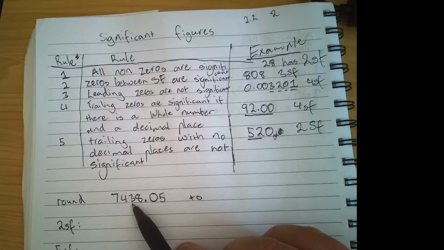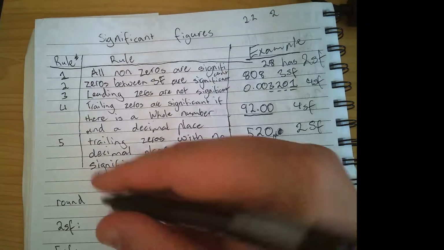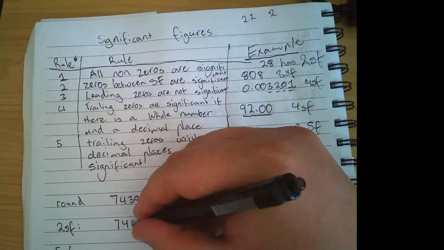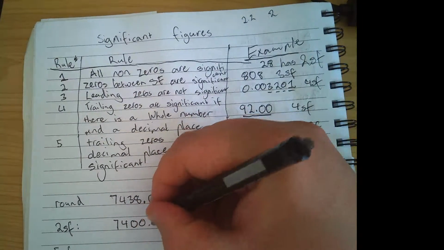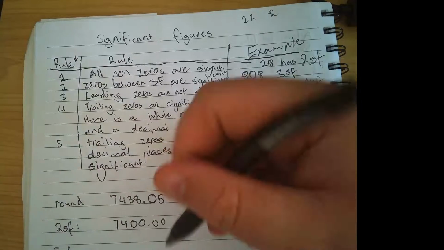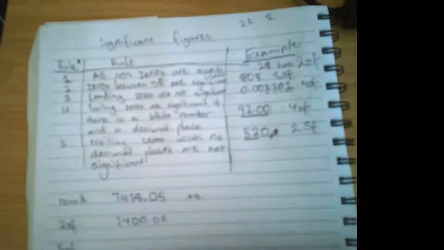So 3 is less than 5, therefore I have to round down. So 2 significant figures for this number would be 7, 4, and now I'm rounding down, so 0.00, because it wants only 2 important figures.